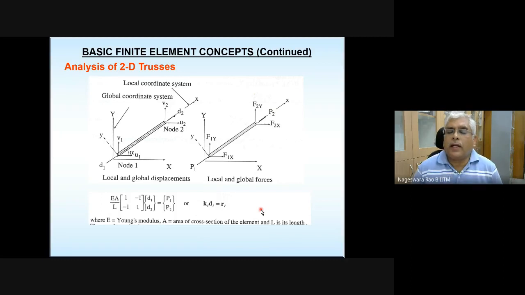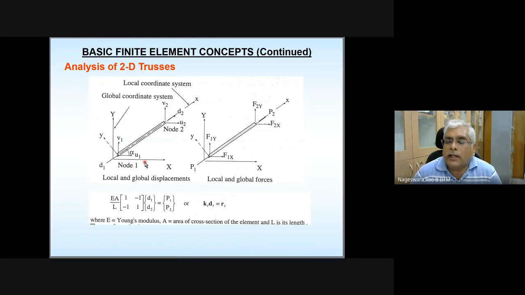If you know D1, and if you know the orientation of this member with respect to the global axis, let's say the angle between small x and capital X is alpha, you can easily find U1, V1.